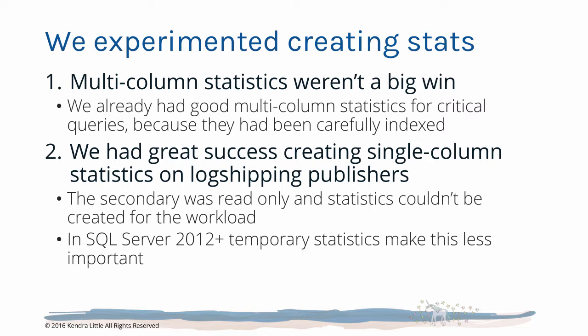Around this time too, my team was also experimenting with creating statistics. We experimented with creating multi-column statistics that would help describe the data distribution for multiple columns. Now they're a little bit limited, and we actually didn't have any big performance wins by creating multi-column stats. It's not impossible, but it is kind of rare. And over time I learned, hey, why isn't creating multi-column stats a slam dunk more often?